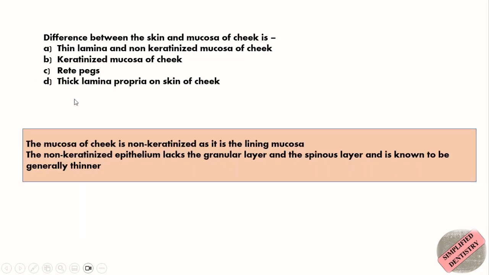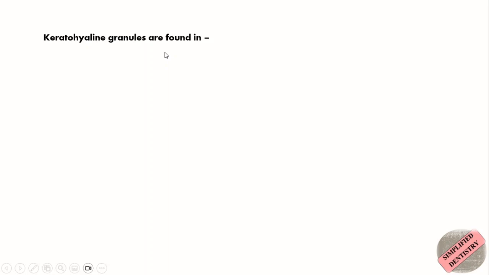So the mucosa of cheek is non-keratinized as it is the lining mucosa, and the non-keratinized epithelium lacks the granular layer and the spinous layer and is known to be generally thinner. So it is actually thinner than the keratinized epithelium. So the answer will be option A, that is thin lamina and non-keratinized mucosa of cheek.